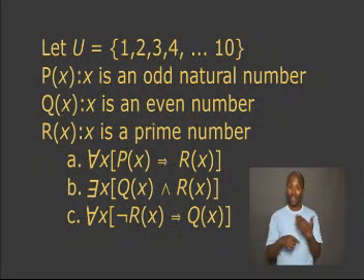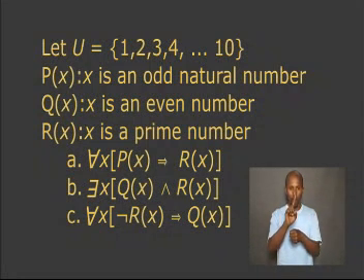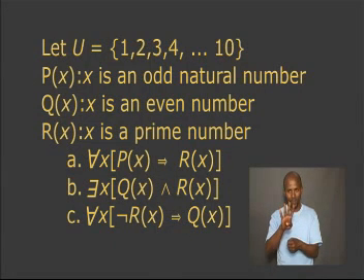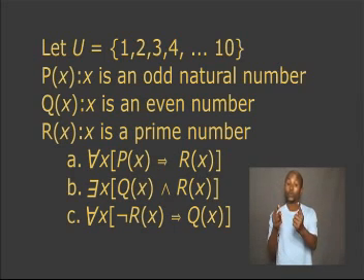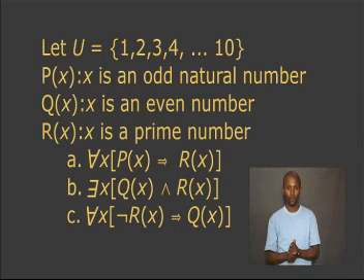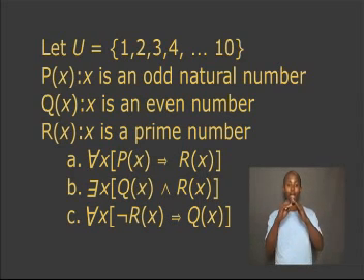Let U be the set containing 1, 2, 3, 4, and so on through 10. P of x is such that x is an odd natural number.